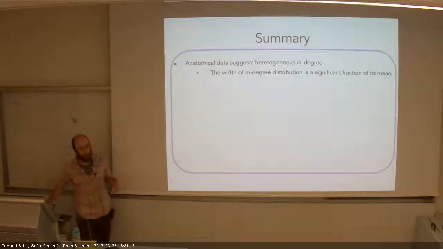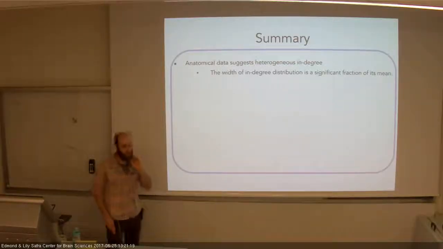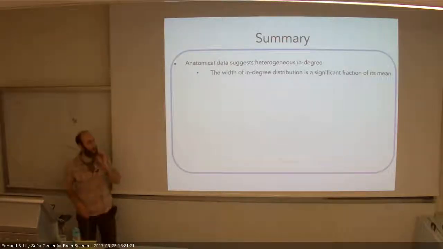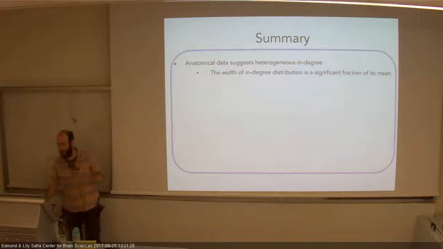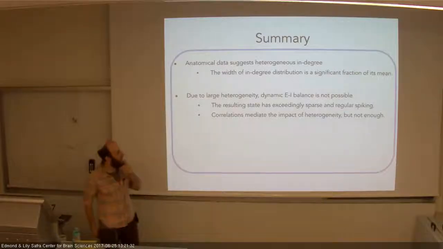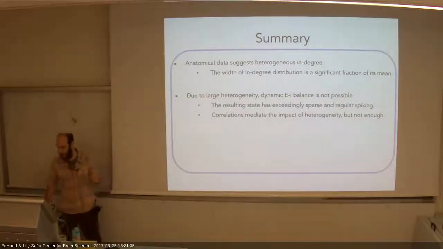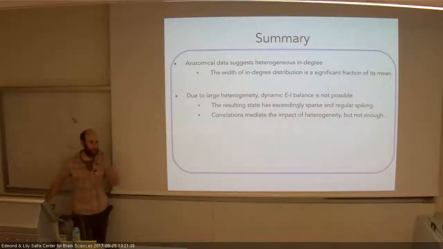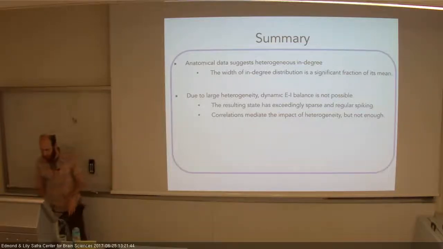The summary: the anatomical data that we received estimating the connectivity structure predicts heterogeneous in-degrees even in local cortical networks, such that the width of the in-degree distribution is a significant fraction of the mean. Because of that heterogeneity, E&I balance would be expected to be prevented, and the resulting state would be exceedingly sparse, with only a small fraction of neurons firing at high rates and low regularity.